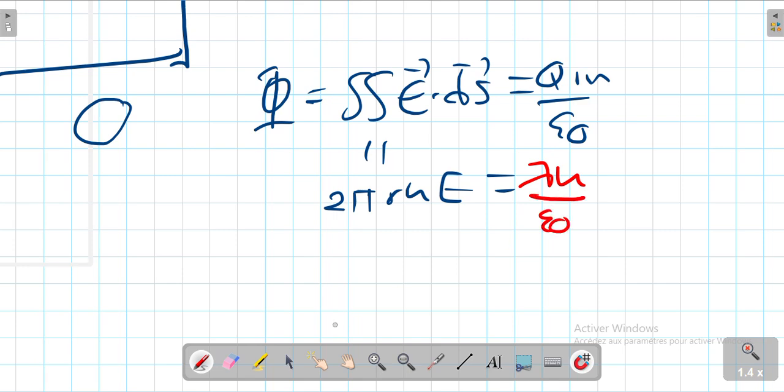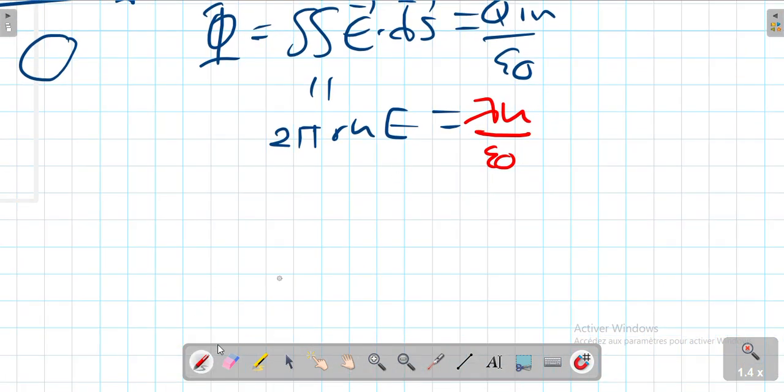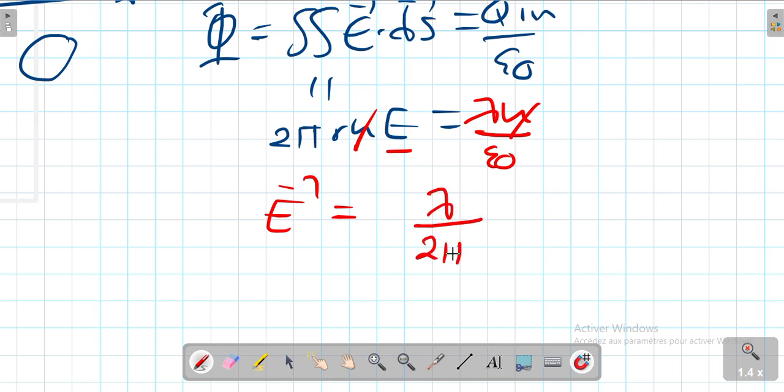Now what we're trying to calculate is the electric field, E. So you make E the subject of the formula. You find that this h and this h will cancel. So E will now be equal to lambda over 2 pi epsilon 0 r as the answer.